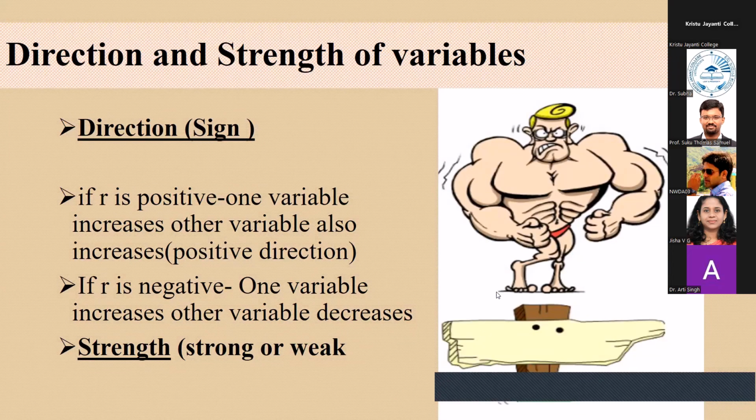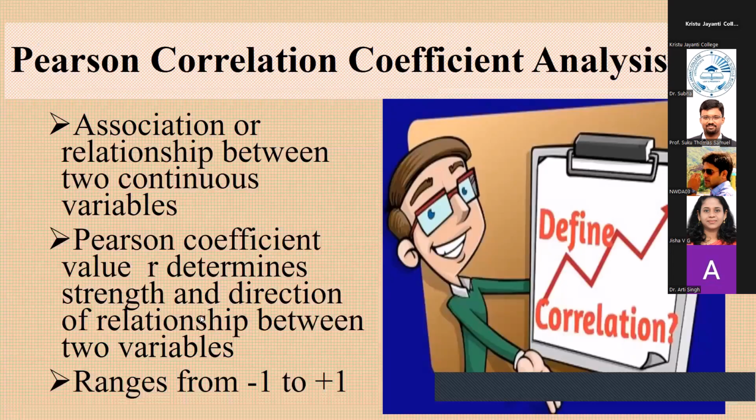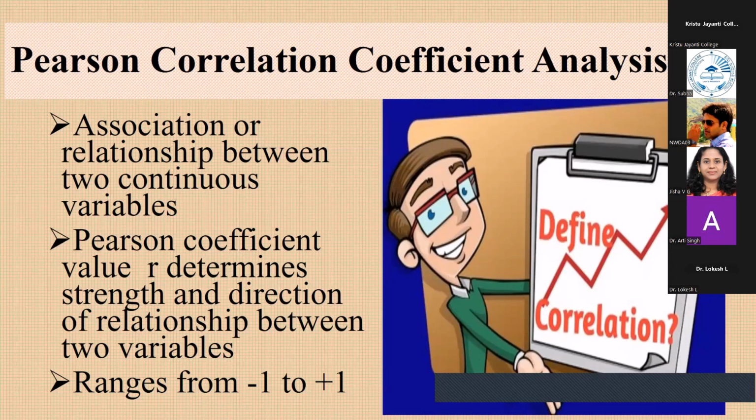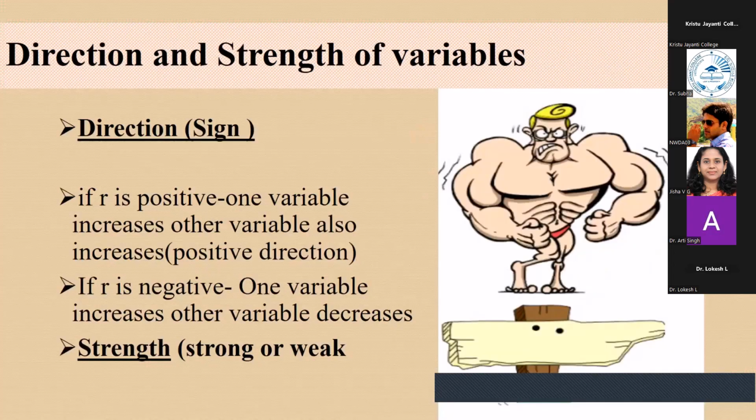Okay, let me start. I told you that two important things you have to notice in this Pearson correlation coefficient: one is strength and direction. The direction may be of two kinds, one in the positive direction and the other in the negative direction.